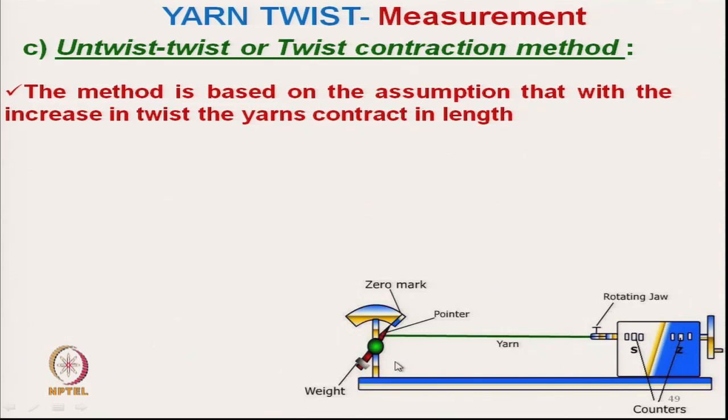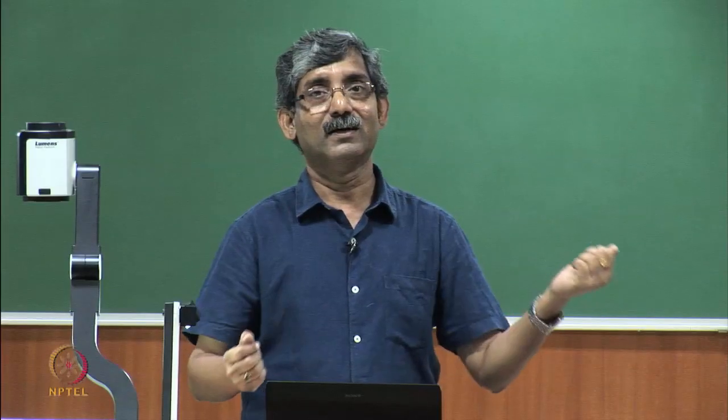When it reaches zero twist, we will not be able to point out the zero twist condition, but if we continue after it crosses the zero twist condition, then the yarn will again start contracting.